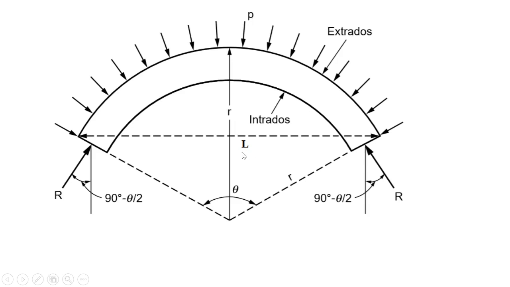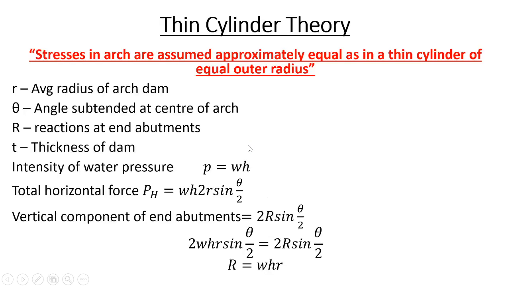Another notation is capital L, where capital L is the projected length of the extrados, or the projected length of the outer surface.